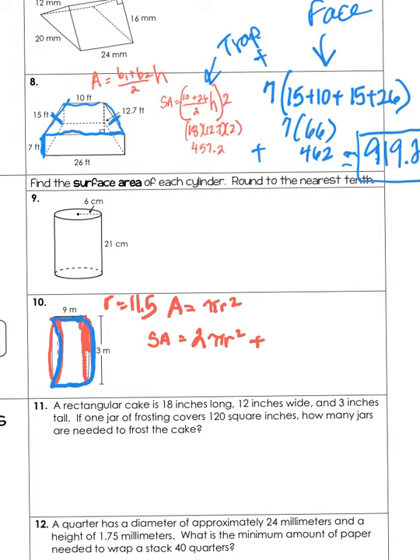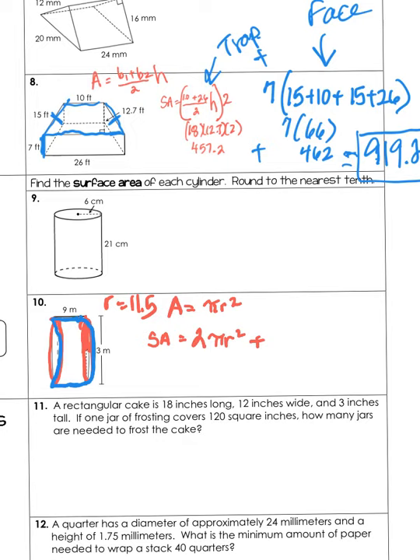and all the way around, it's kind of like if you took the label off a soup can, or, as I said earlier today, the wrapper off a Gatorade bottle. If you undid those, that would be a rectangle. So when you undo this, it is a rectangle.